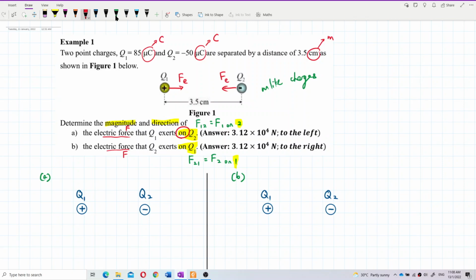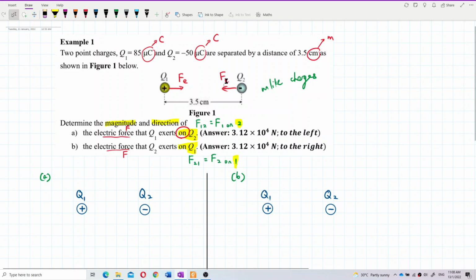So for question A, which force is it? Is it this force or this force? On Q2. So this is the force, the second one.